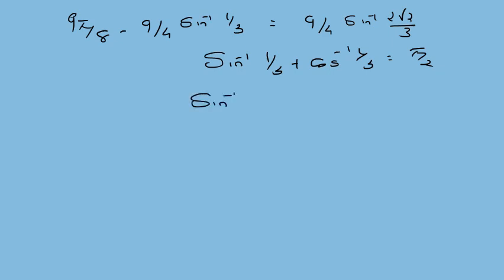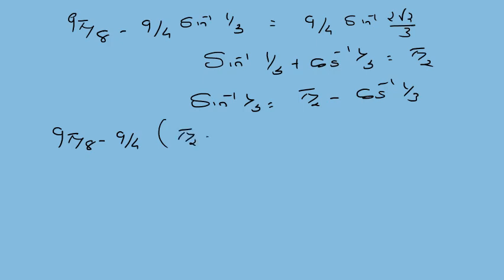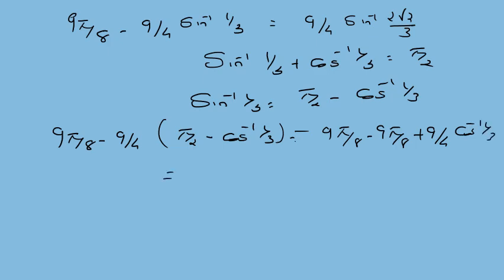Therefore sin inverse 1 by 3 is equal to pi by 2 minus cos inverse 1 by 3. So it is 9 pi by 8 minus 9 by 4 into (pi by 2 minus cos inverse 1 by 3). So 9 pi by 8 minus 9 pi by 8 plus 9 by 4 cos inverse 1 by 3. So the answer is 9 by 4 cos inverse 1 by 3.